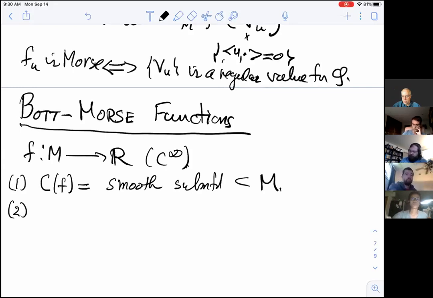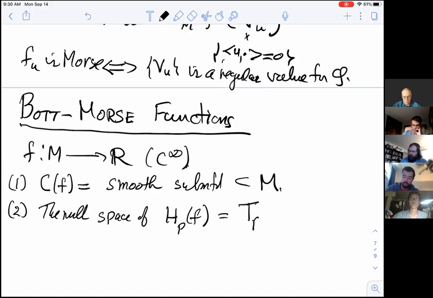Secondly, the null space of the Hessian at a critical point P of F is the tangent space at P to this smooth submanifold, which again can vary dimensions as I vary P. Okay, so P here is a critical point. We have its Hessian.